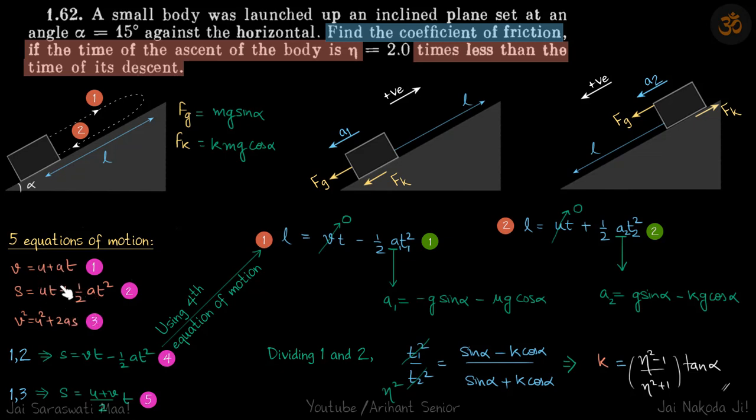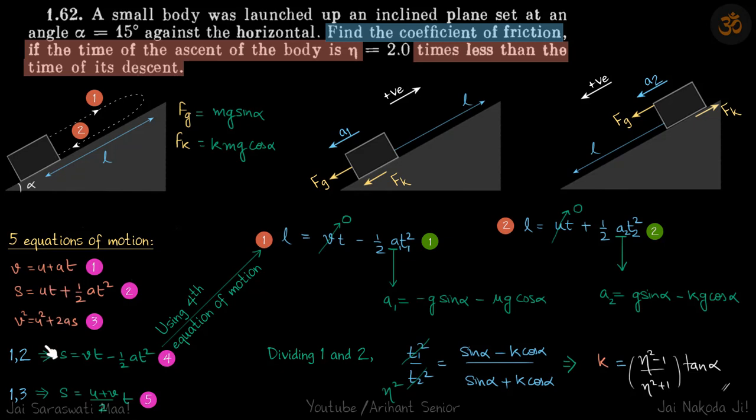So we are going to eliminate u so that we can get the relation between the other variables without u, and we are going to eliminate a so that we get the relation between the other variables without a. In this particular case we need that because the velocity u with which it is launched is not given, so we cannot use any of these equations, because we need to find time.